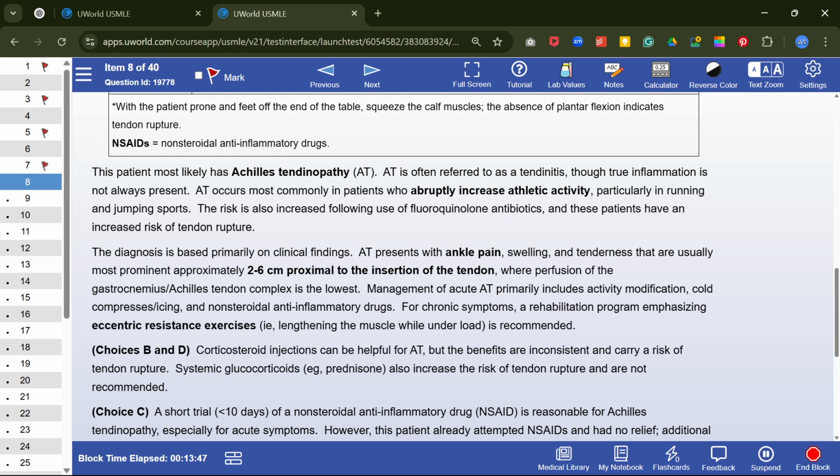Management of Achilles tendinopathy primarily includes activity modification, cold compresses, icing, and NSAIDs for chronic symptoms. A rehabilitation program emphasizing eccentric resistance exercise, lengthening of the muscle while under load, is recommended.